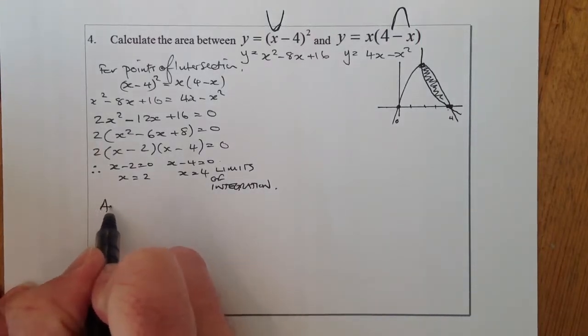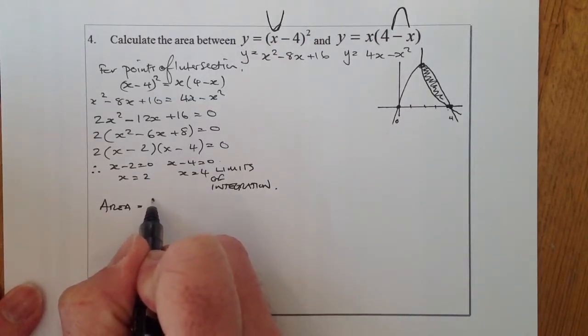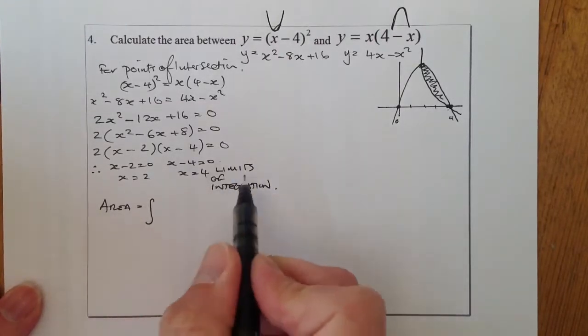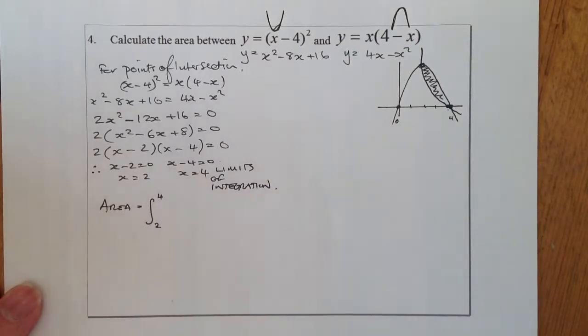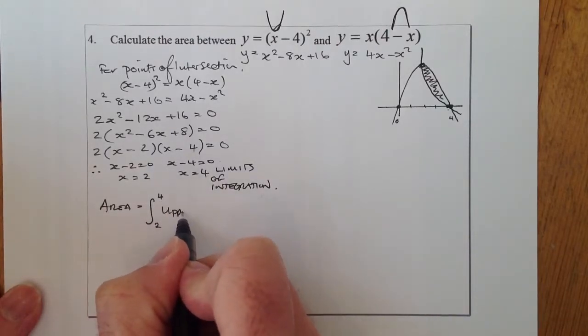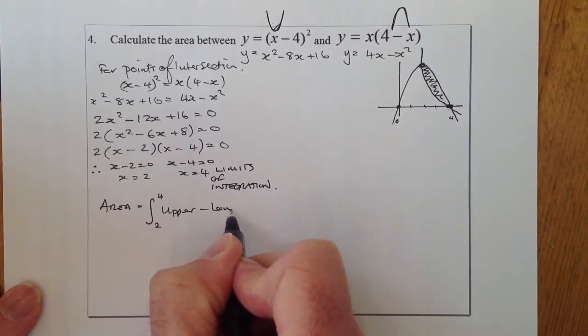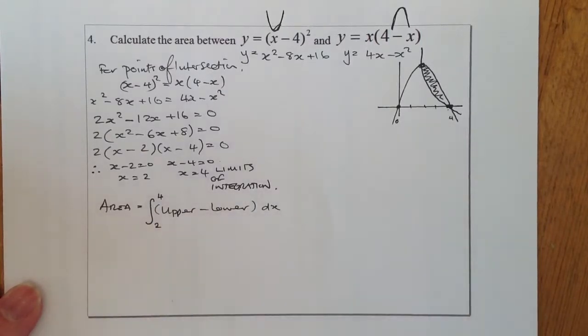So what we've got is the area between the curves is going to be equal to an integral sign. What I've got is the limits there are going to be 4 and 2, which I've already worked out there. And what we'll go for is the upper minus the lower. Okay, and it's all going to be with respect to x.